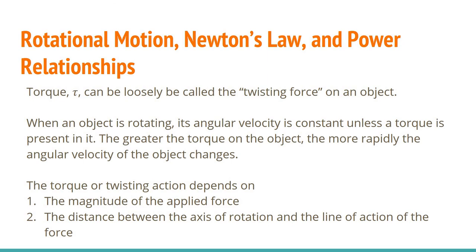Pero kung ang usa ka tao sa pikas side, ug ang bugat duol sa axis of rotation, mas lower ang iyang movement or twisting action, mas lower ang twisting force.